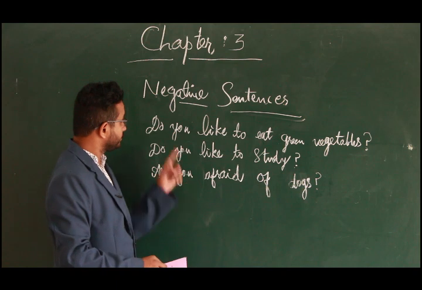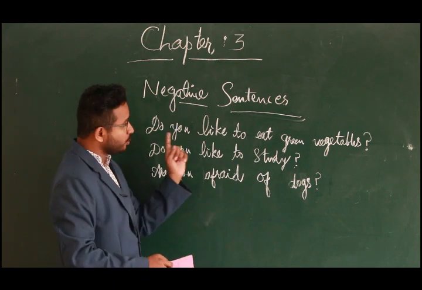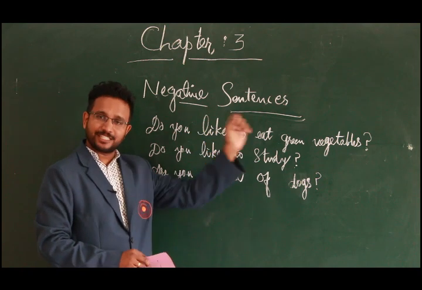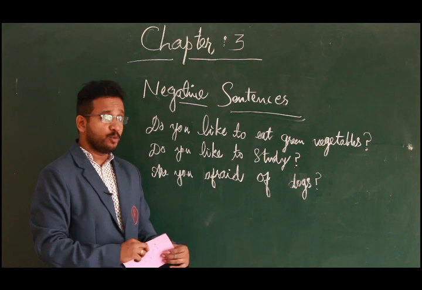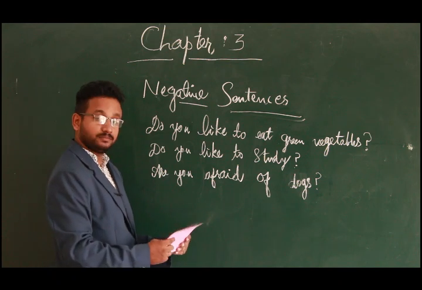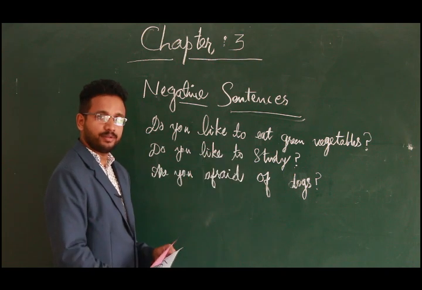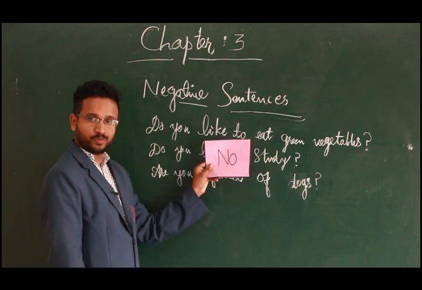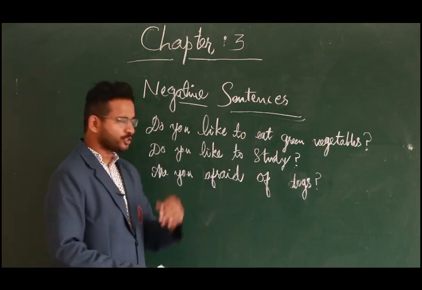Dear students, now you may please try to answer these questions. Question number 1. Do you like to eat green vegetables? How do you answer? You might answer it like this. Yes. Or no. The next question. Do you like to study?